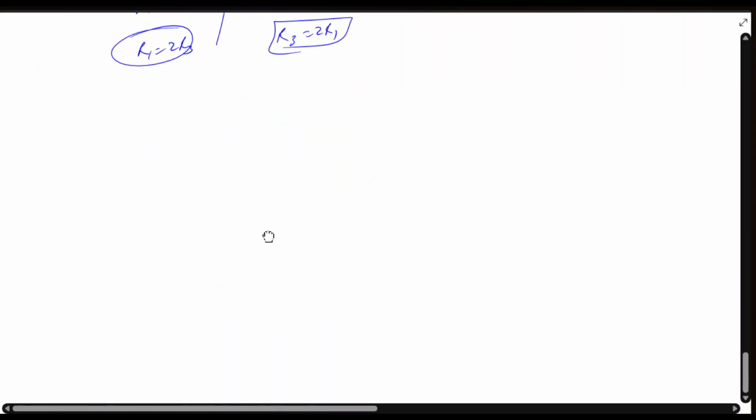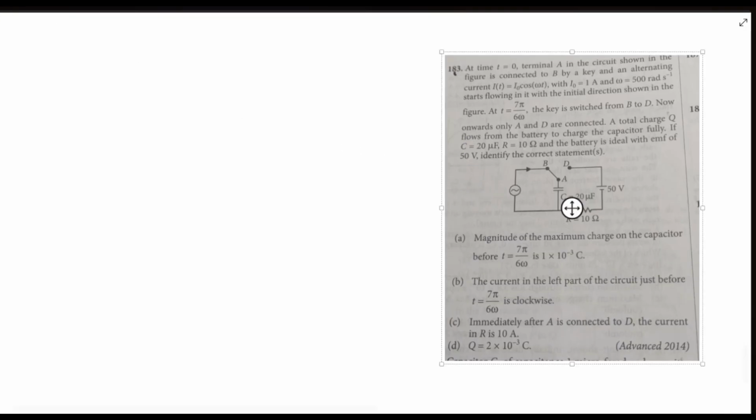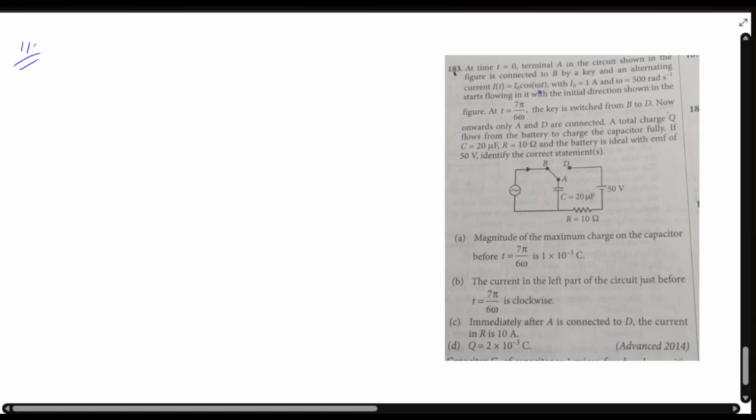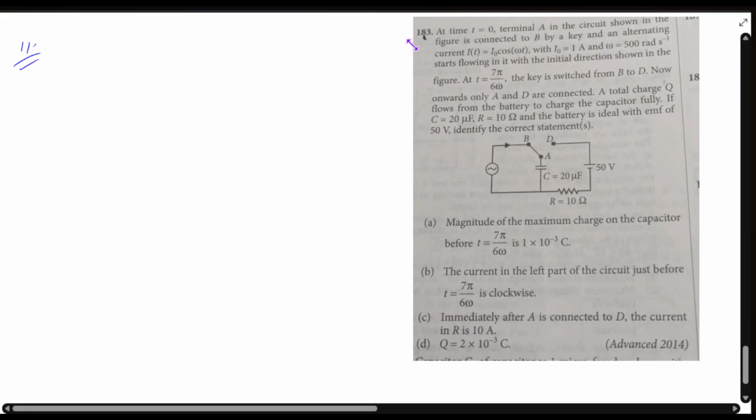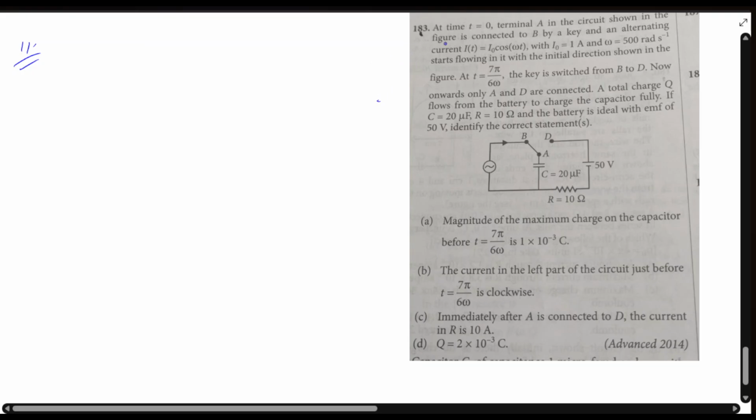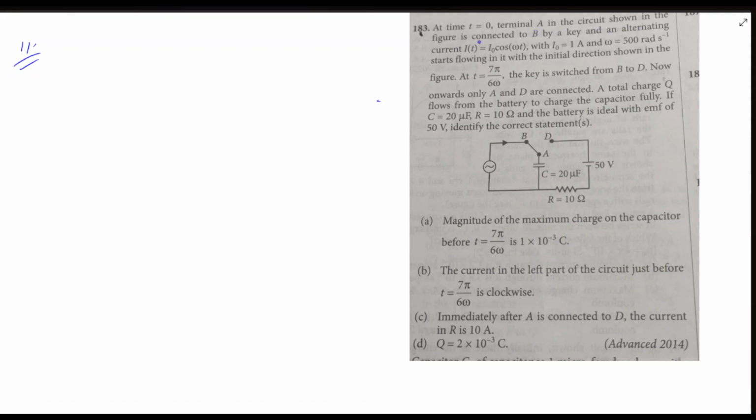Let's move on to the next, 11th question. So this is our 11th question. Let me zoom in a bit. Right. So we have at t equal to 0, the terminal A in the circuit is connected to P. An alternating voltage with I naught 1 ampere and omega is given.